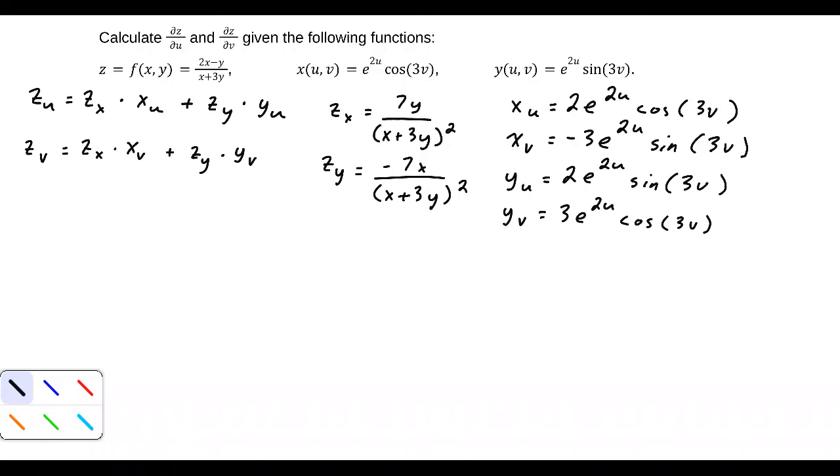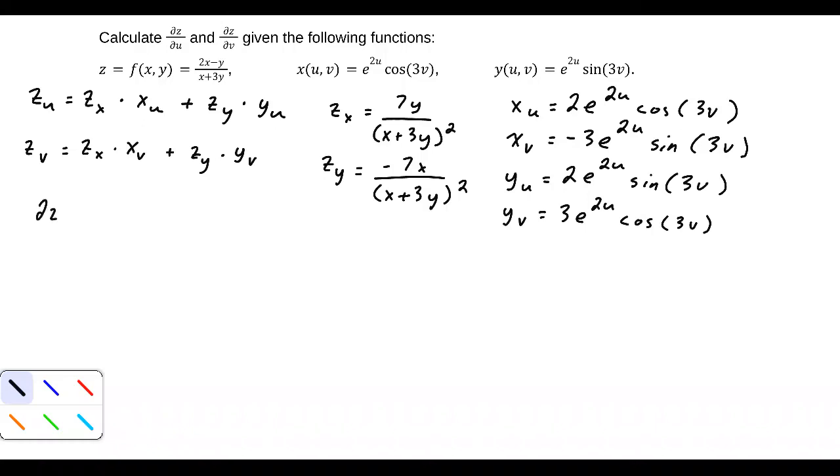Now we can apply our chain rule definition to determine what z_u and z_v are. And I'm going to simultaneously use that definition as I'm also going to evaluate for my function x of u,v and my function y of u,v into the z sub x and z sub y. All right, so keep track of your variables carefully.